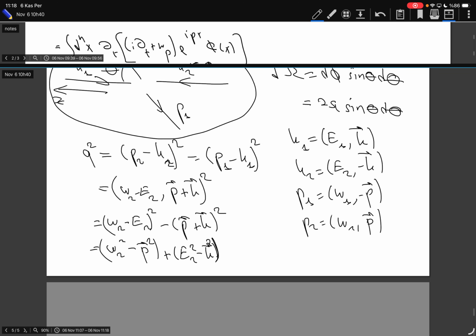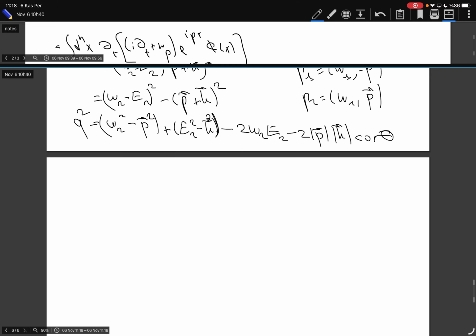And then I have minus 2 omega 2 E2 minus 2 P K times cosine theta. Now, this is Lorentz invariant.